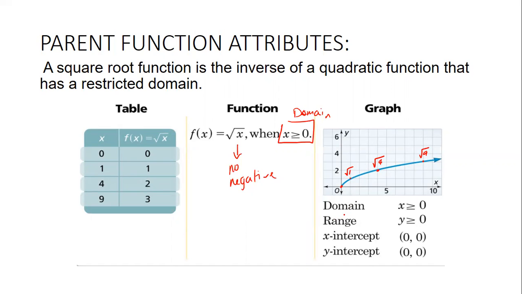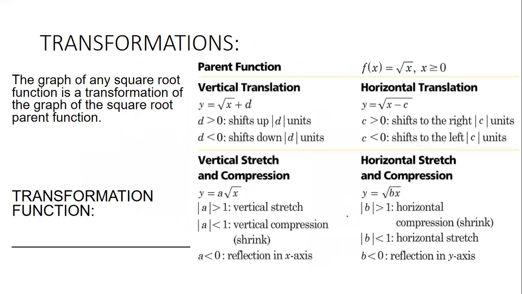Okay. Do the parent function attributes look familiar? Yes. Okay. So playing on that are transformations. The graph of any square root function is a transformation of the graph of the square root parent function. So we're moving this guy. This is the head of the family tree, and everyone else branches off from there.